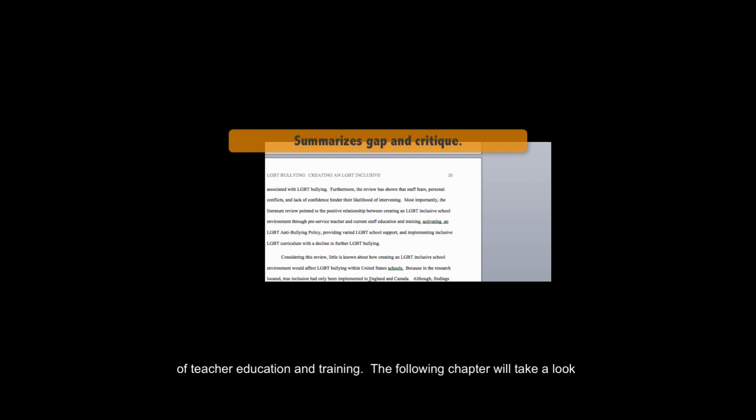The following chapter will take a look at the design of this study and its method of data collection." So what she did here was address the gaps in the literature and connect that back to the critique of empirical studies. She summarized the gap in literature and summarized the critique of empirical studies. And then the very last sentence, she just sets the reader up for what's coming next.